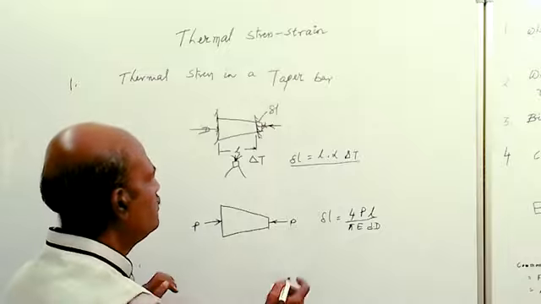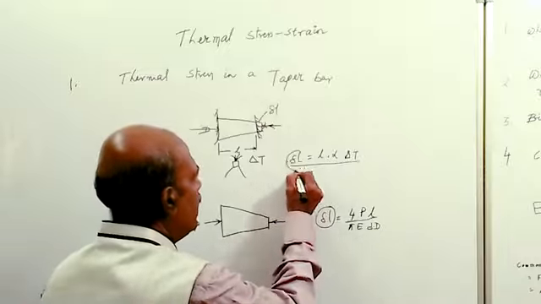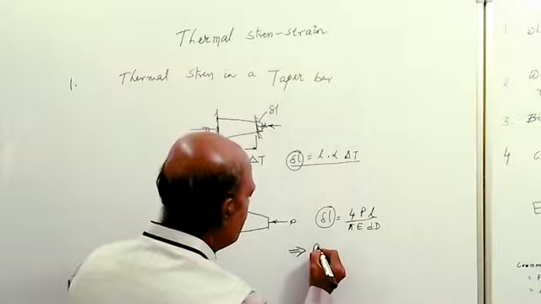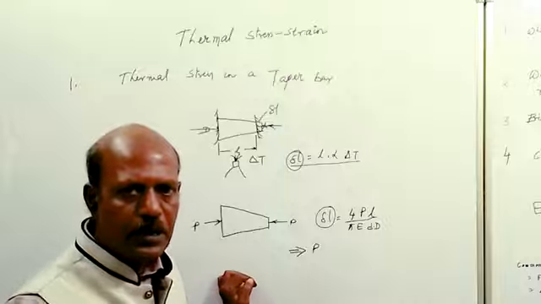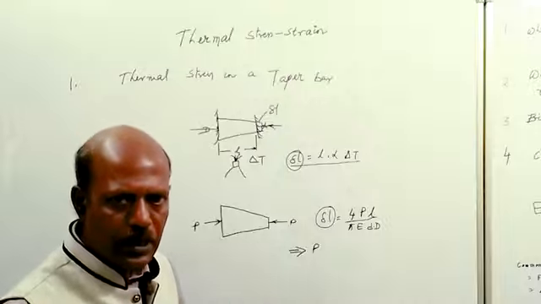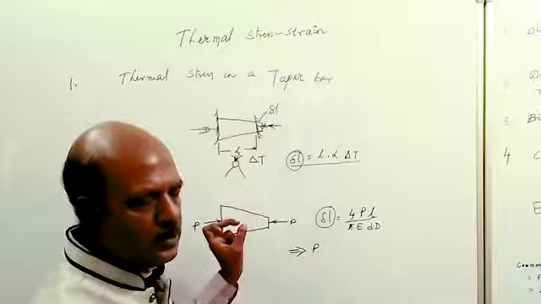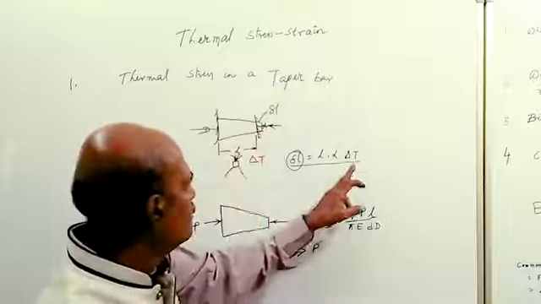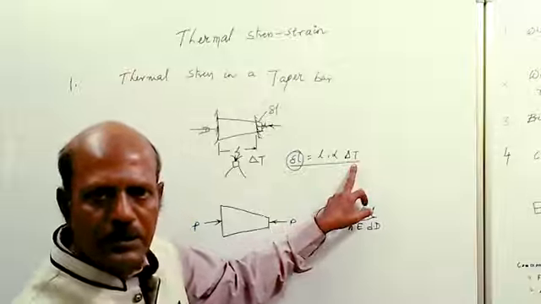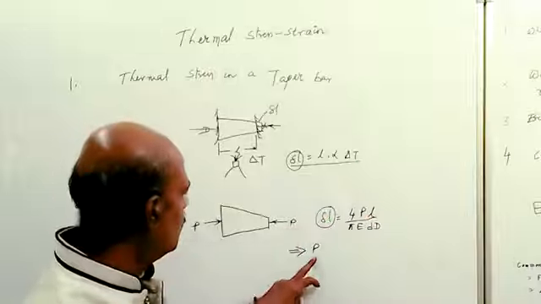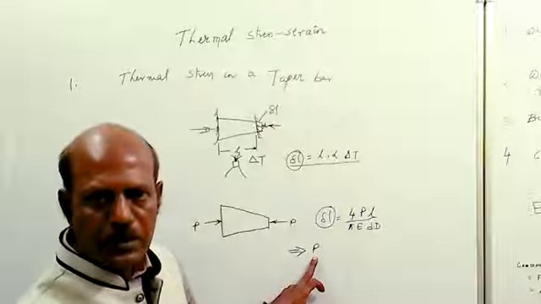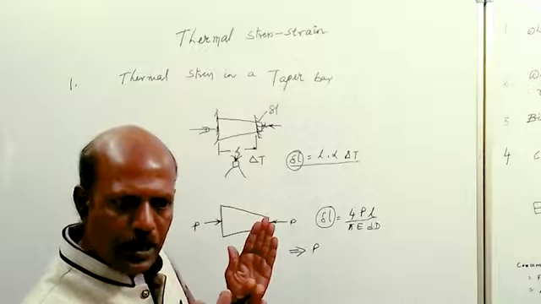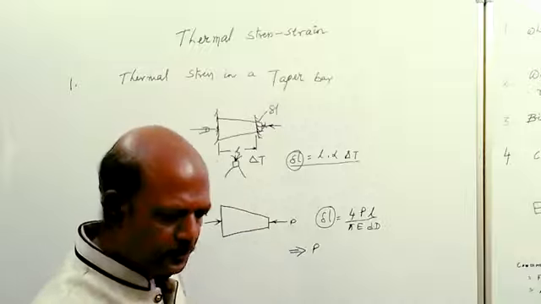Now if we equate these two delta L, we can find the load developed in the bar, or the thermal load developed in the bar, because of this expansion due to the rise in temperature delta T. So we have got the force developed in the bar, or the force applied by the support on the bar.